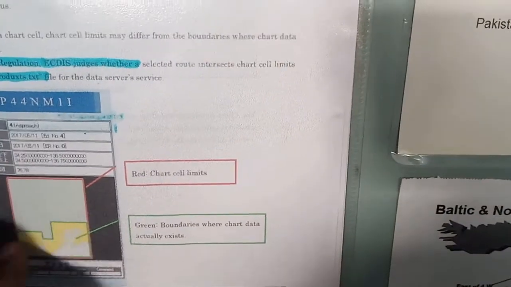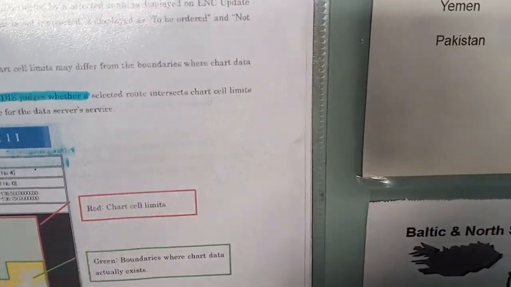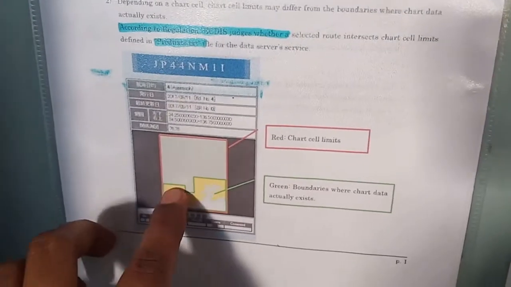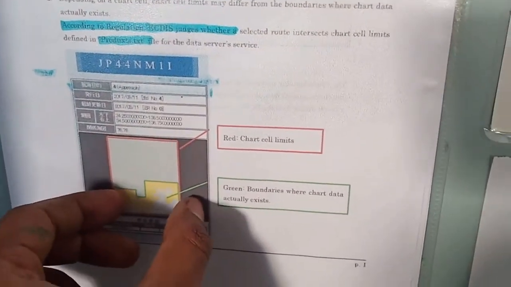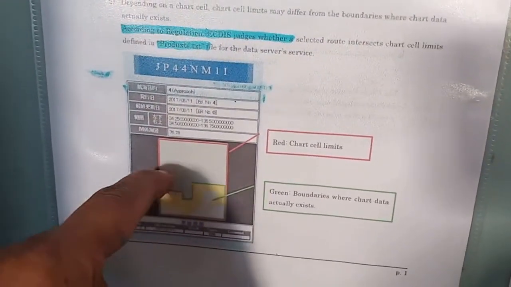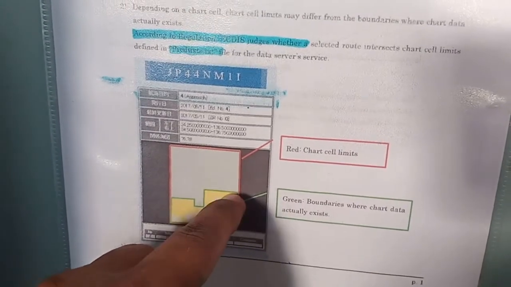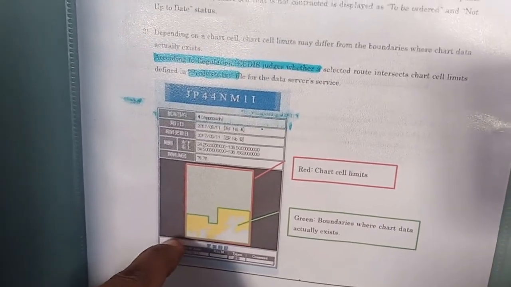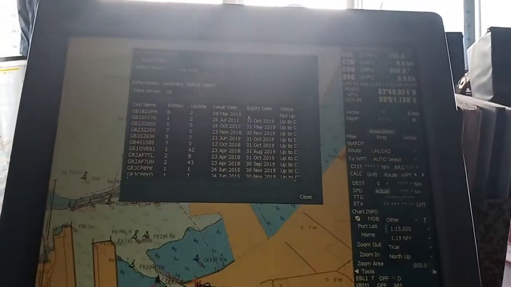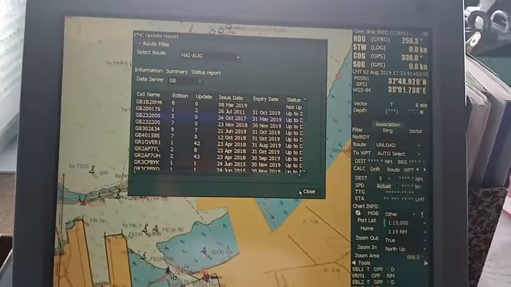So ACDIS selects up to the red part, and the green boundary is where the chart actually is. eNavigator will only select this chart if my route is passing through this line. So there is a difference between how the JRC calculates the ENC cell and how eNavigator calculates the cell. That is why 2 cells are remaining. These are not in my route, so I'm not ordering them.